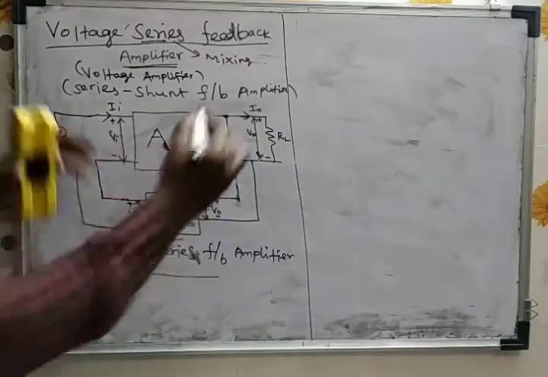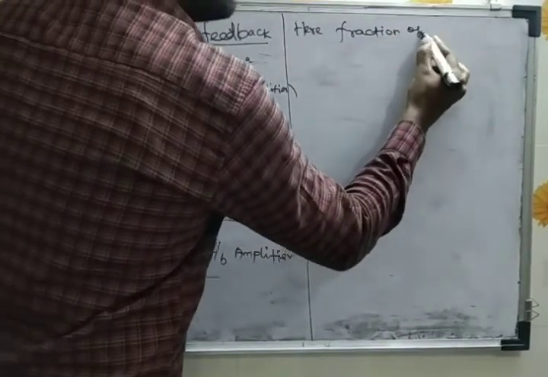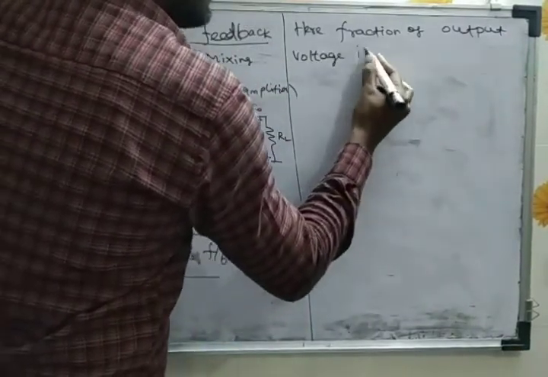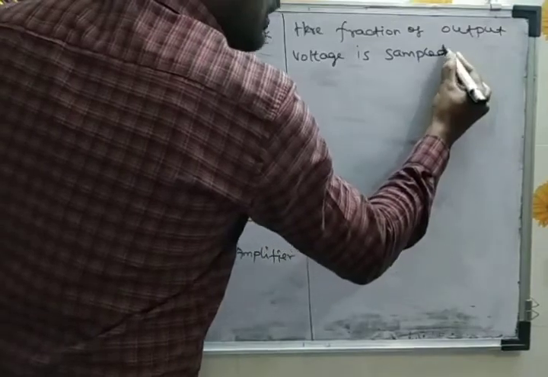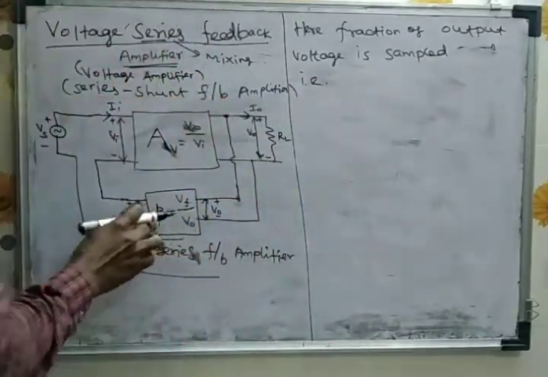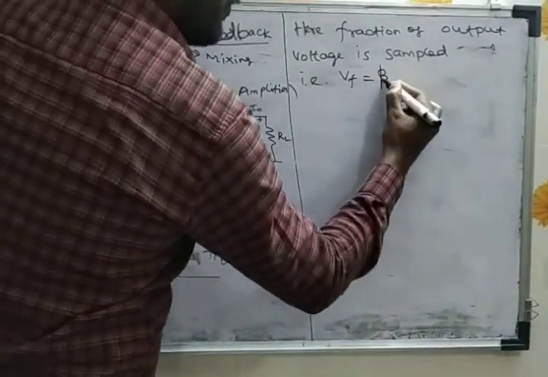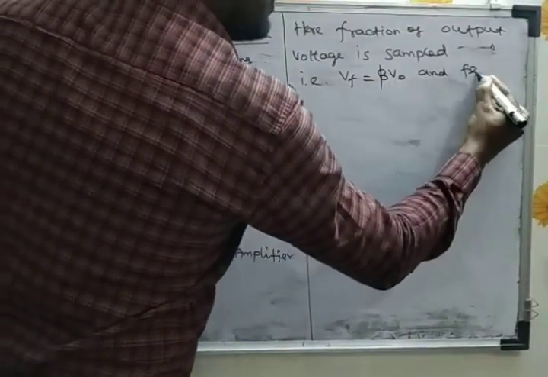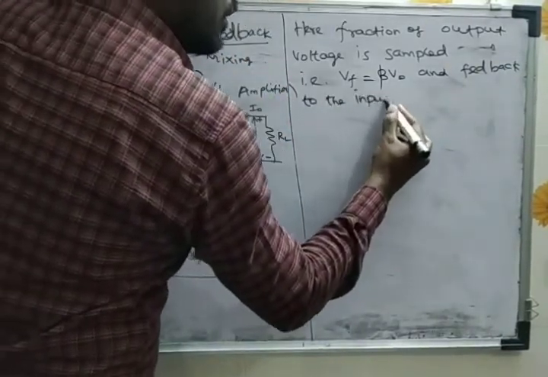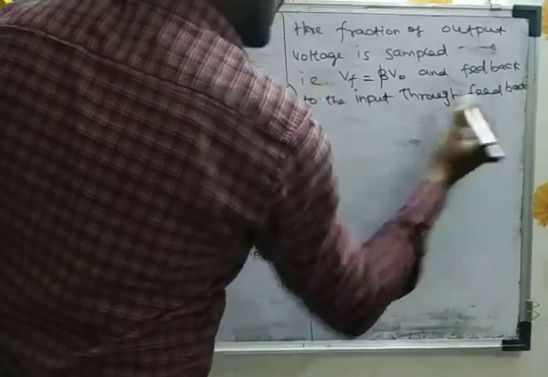So here a fraction of the output voltage is sampled, that is, Vf is equal to beta into V naught, and fed back to the input through the feedback circuit.